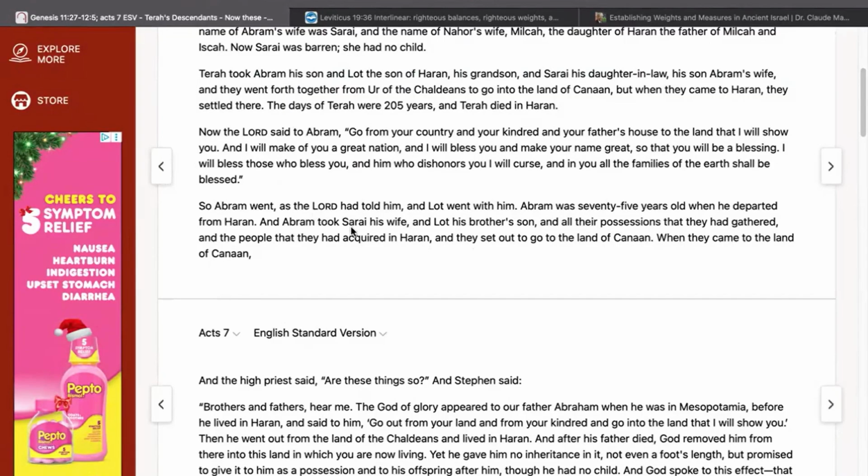All right. But there's more information in here with what Stephen is saying than what is within this text.